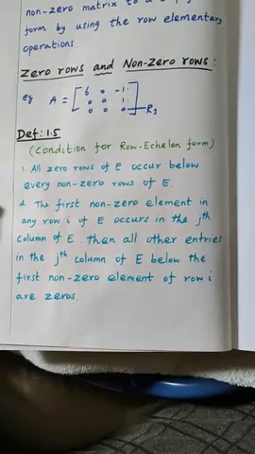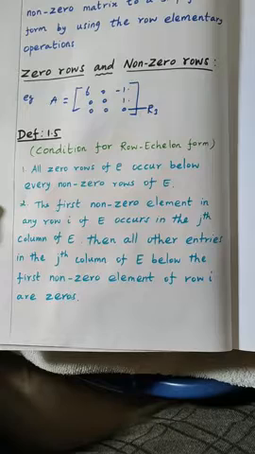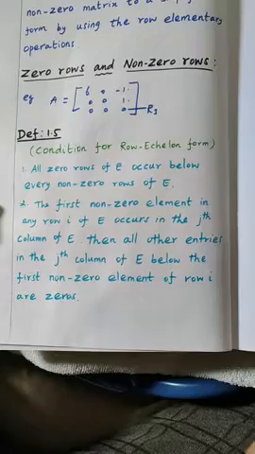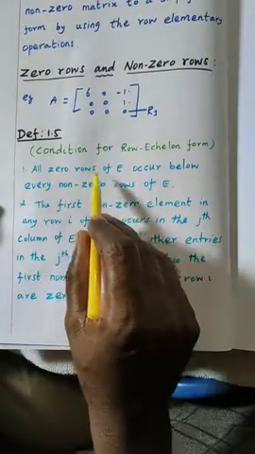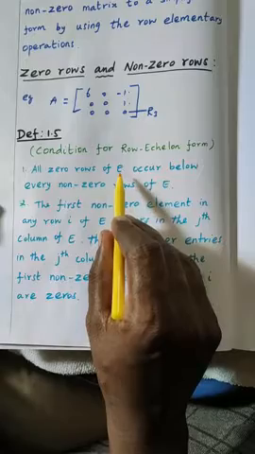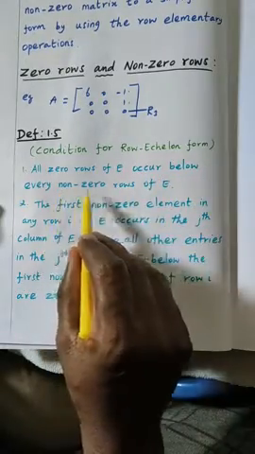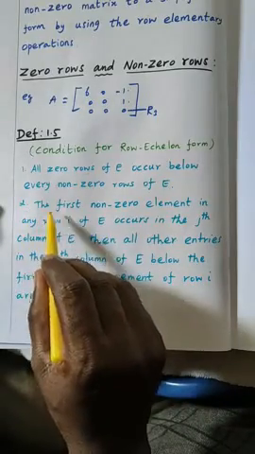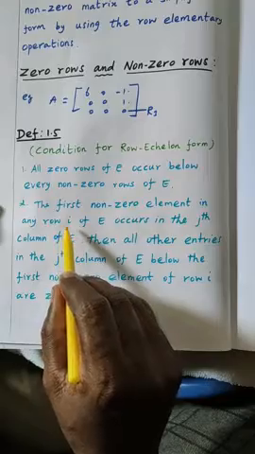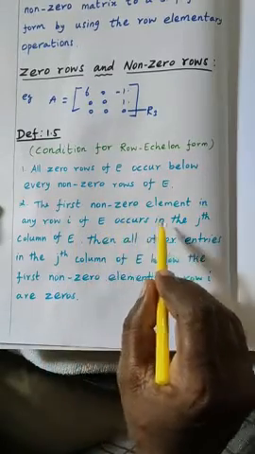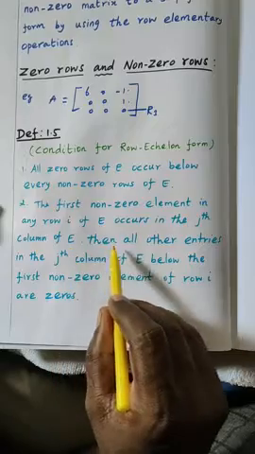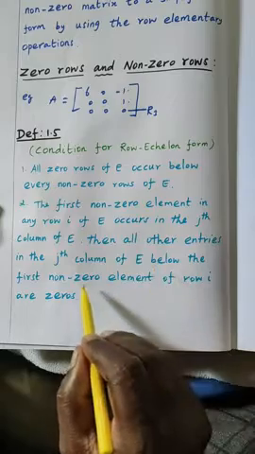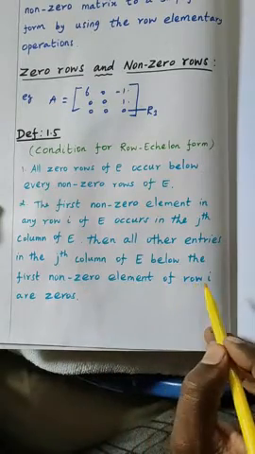Definition 1.5. A non-zero matrix E is said to be in row echelon form if, first, all zero rows of E occur below every non-zero row of E. The second one, the first non-zero element in any row i of E occurs in the jth column of E, then all other entries in the jth column of E below the first non-zero element of row i are zeros.